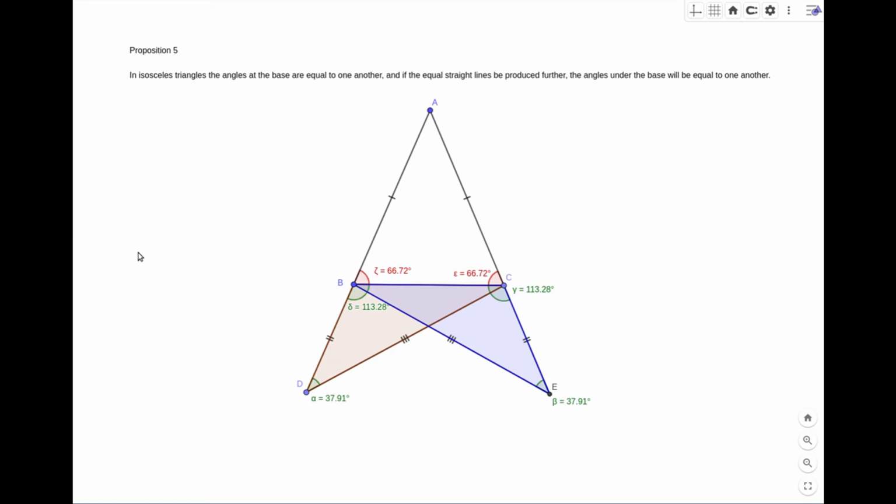And so this gets us our very final conclusion that the angles at the bases of an isosceles triangle will be congruent to one another, as was to be demonstrated.